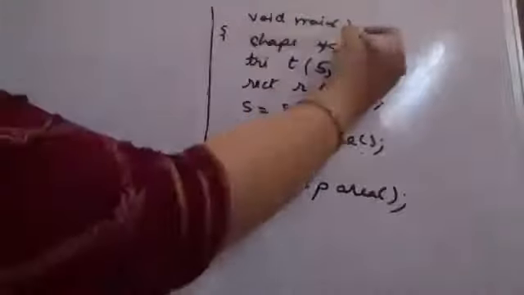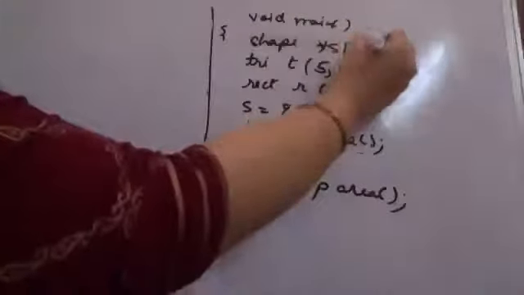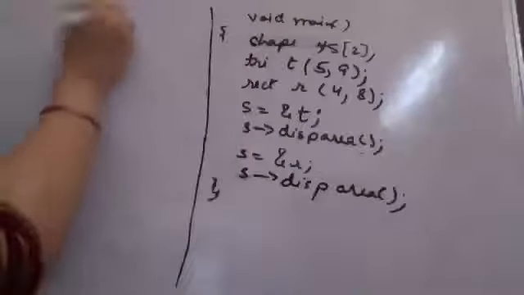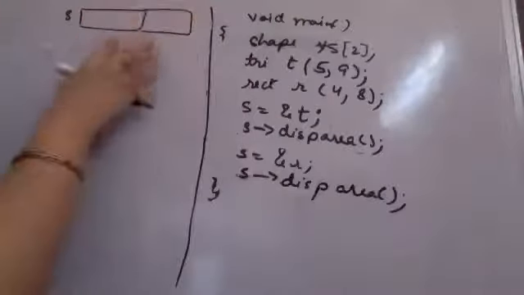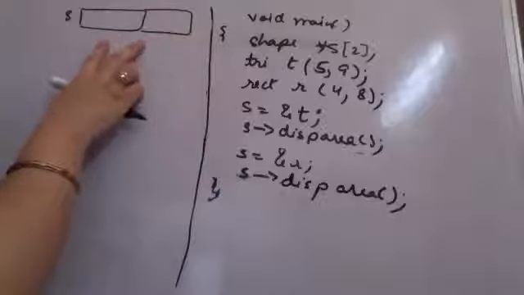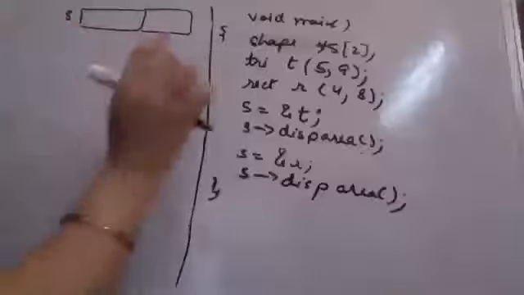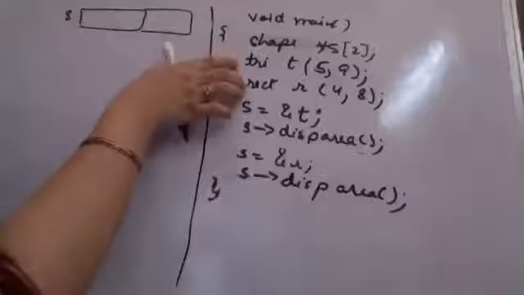In case I create this to be an object of two shapes. Now what is happening? I am going to create S, which is an array of pointers to objects of the class shape. Now I am creating the same two objects of two classes.